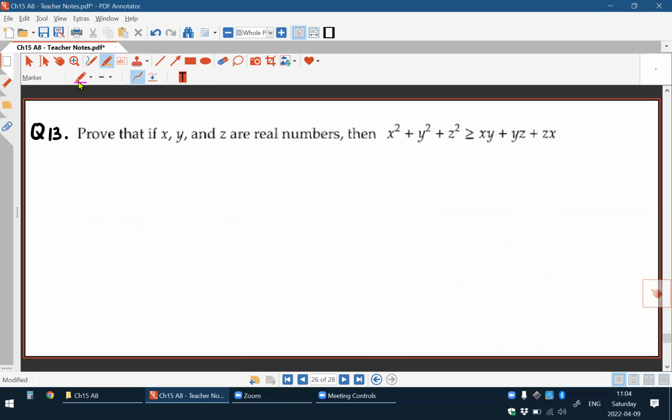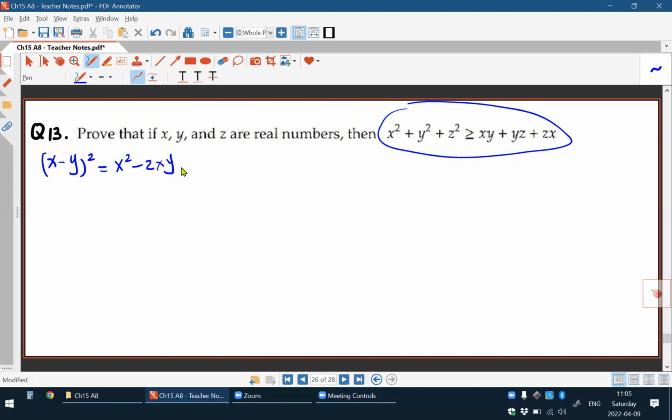All right, so prove that if x, y, and z are real numbers, we have this inequality, which is always true. So any thoughts about this? That involves x squared, y squared, and xy. Reminds you of something? Yeah. Probably we can try using this one, right? The difference between x and y squared is x squared minus 2xy plus y squared, right?